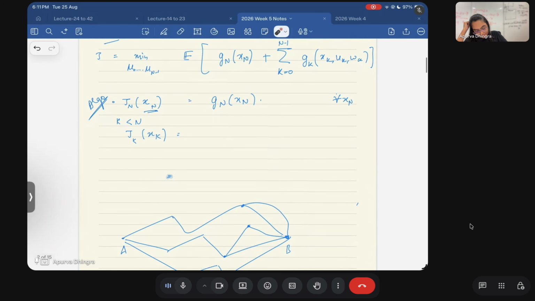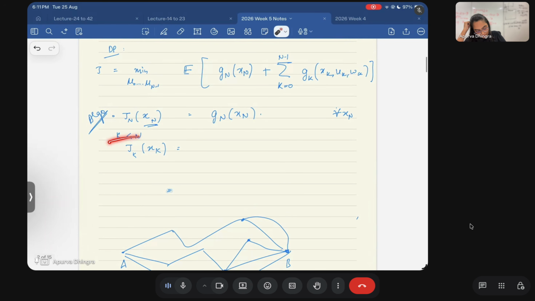For k less than n, for any other time step before that, we look at the following object, doing it one step at a time. The optimization was originally over all the policies, all the decision rules, all the strategies. Now we're doing one at a time, and we showed last time that this ends up being the same optimal value, and it gives the same policy.